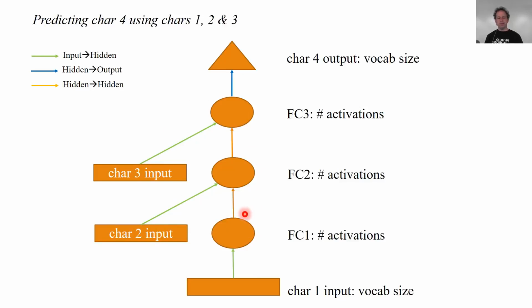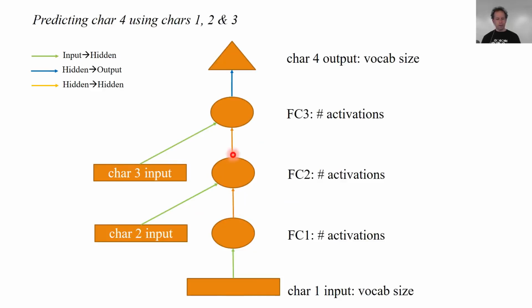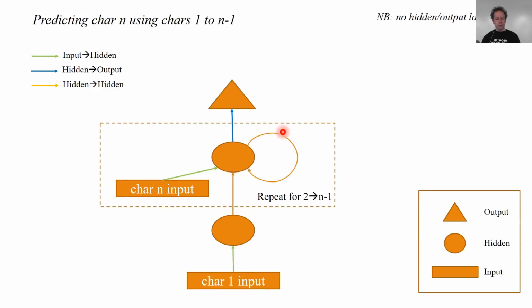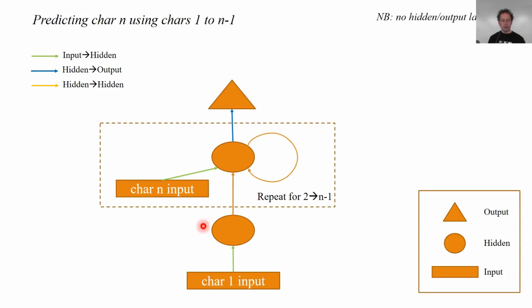But I could draw this more simply by saying, you know what, if we've got a green arrow going to a circle, let's not draw a green arrow going to a circle again and again and again, but let's just draw it like this. Green arrow going to a circle, right? And rather than drawing an orange arrow going to a circle, let's just draw it like this. Okay, so this is exactly the same picture as this one, right?